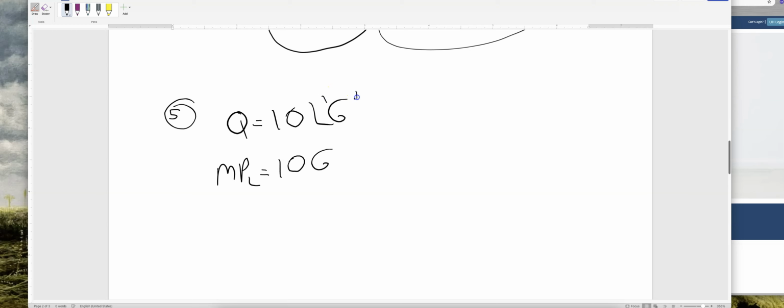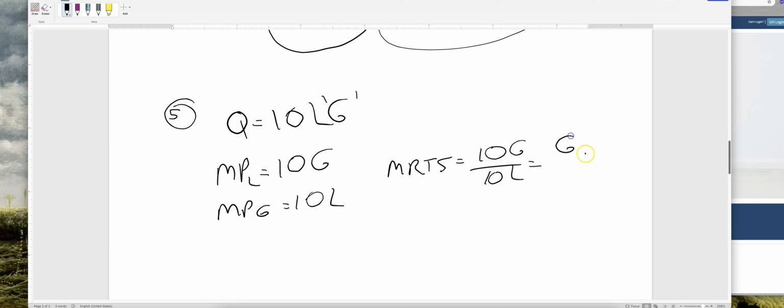Because the presumed 1 would be nothing. MPG would equal 10L. That would mean that my marginal rate of technical substitution is 10G over 10L, which is simply G over L. And that answers part A.